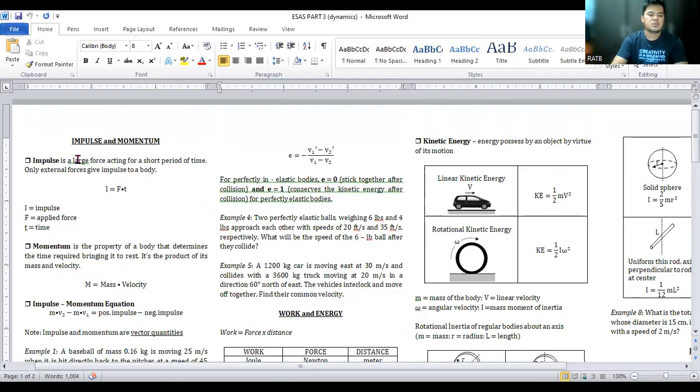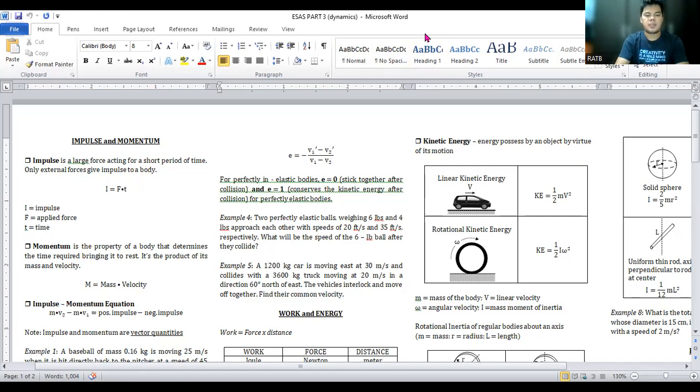We define impulse as a large force acting for a short period of time. Mathematically, impulse is equivalent to force multiplied by the time of contact. That's the applied force multiplied by the time, which is the period during which the applied force is given to a particular body.